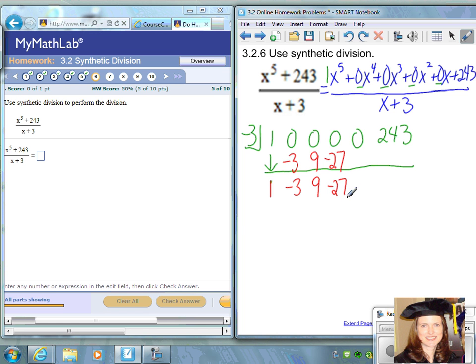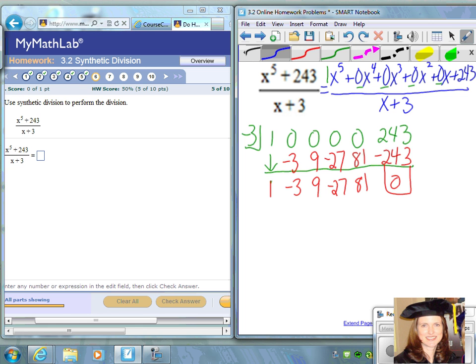Negative 27 times negative 3 is a positive 81. 0 plus 81 is 81. And 81 times negative 3 is negative 243. When you add those, the last number is 0. Our remainder is 0, so this divides in evenly.